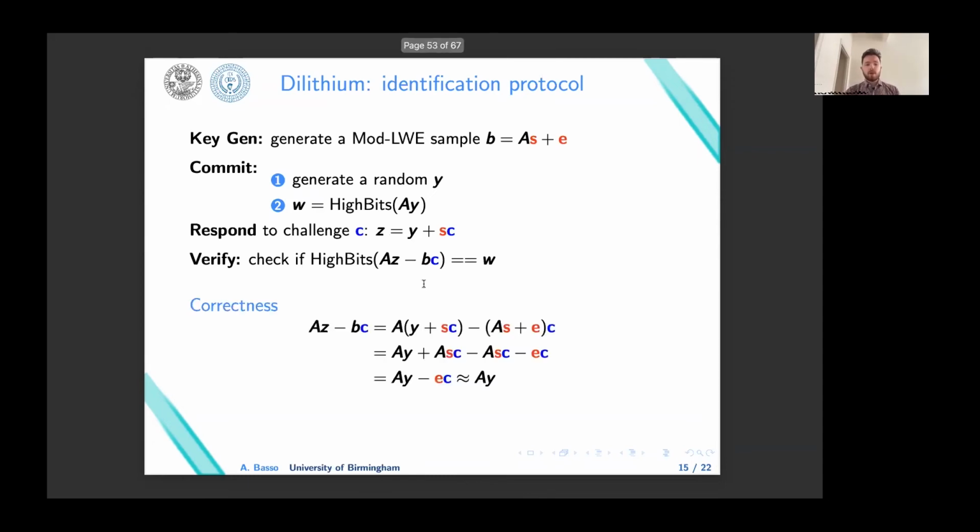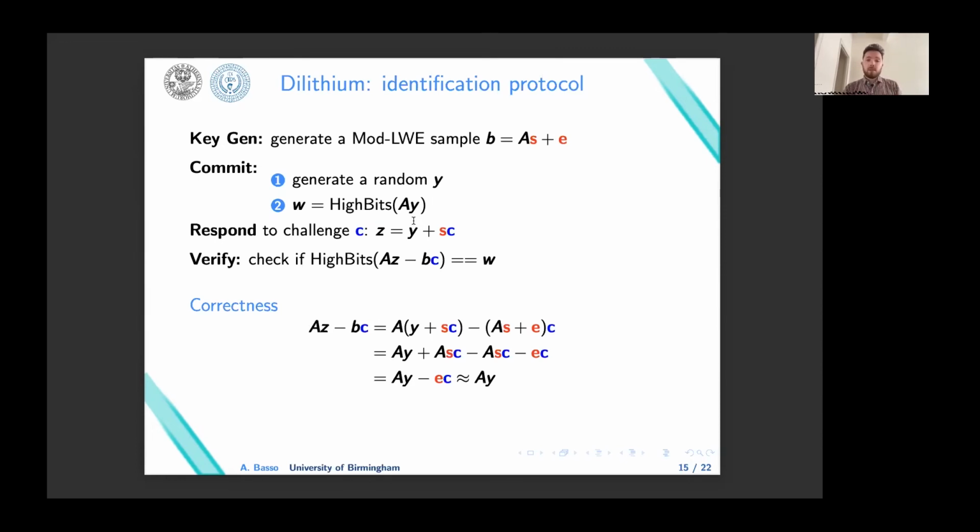And the reason why this is correct is because if we look at these values up here and we expand it, we do all the computations, and then we get that this is exactly A times Y minus E times C. But now we know that E is a small error and C is a small challenge. So A times Y minus EC will be roughly the same as A times Y. So if you only look at the high bits and we drop the lower bits, then this will be the same.